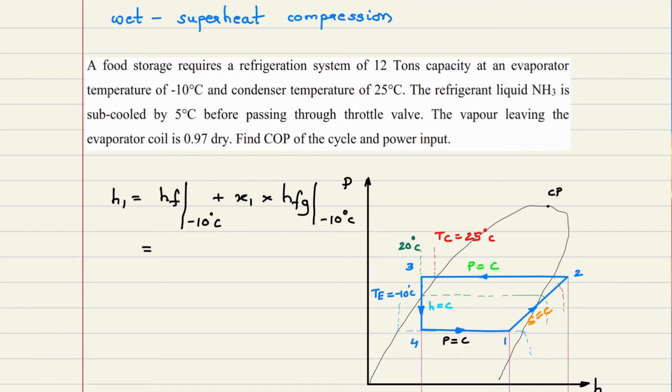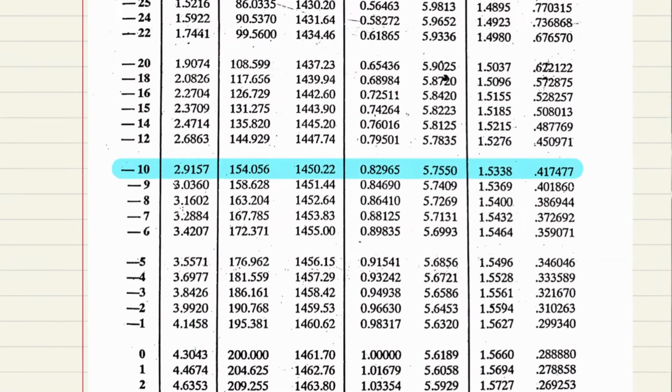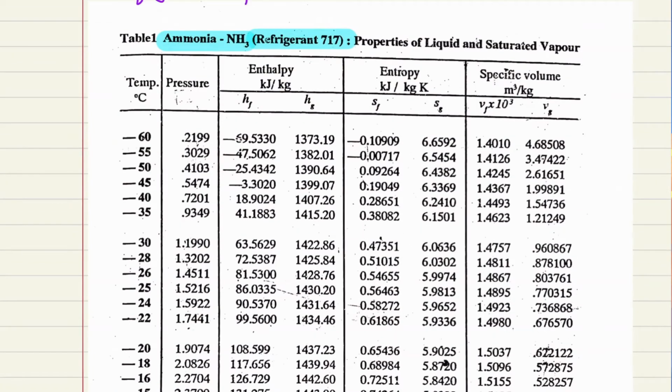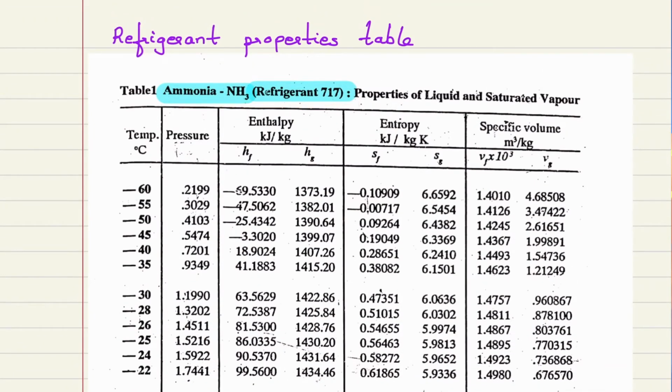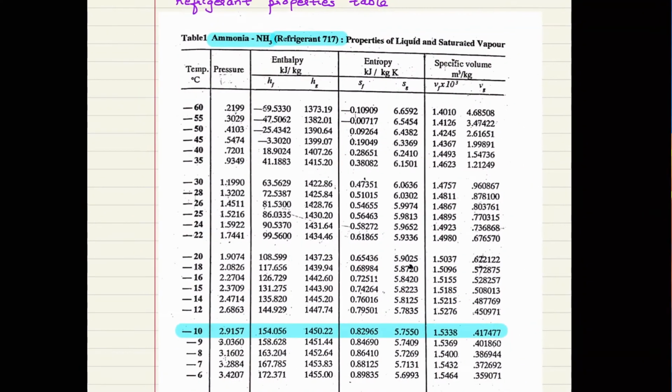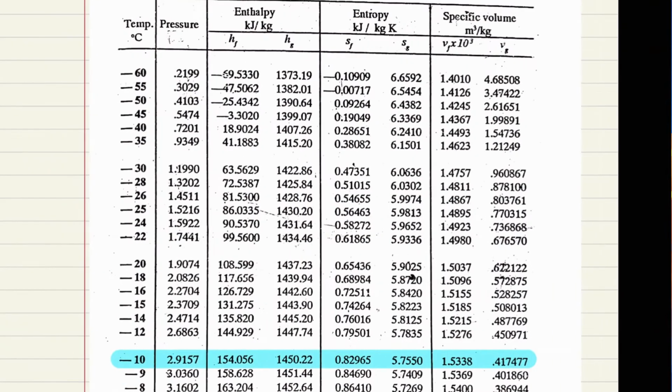So we'll see which refrigerant is given in this question. Ammonia. So we have to see the ammonia table, and for the ammonia table we have to read the value at -10. So this is the R717 ammonia table at -10 temperature. We have to read Hf and Hg. Okay, so this value we have to read and write.